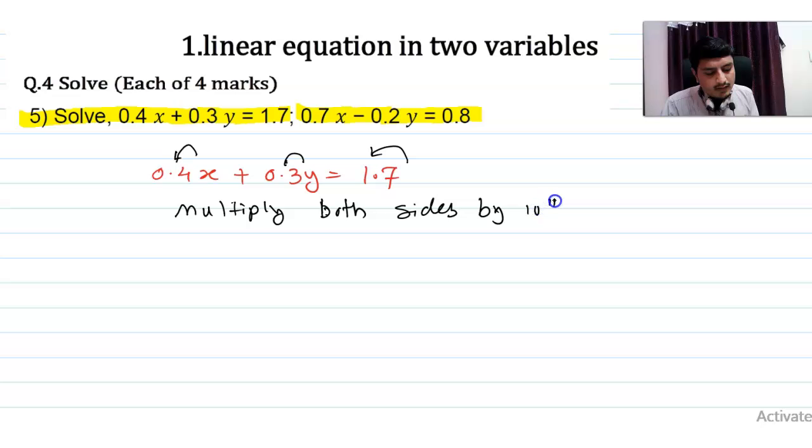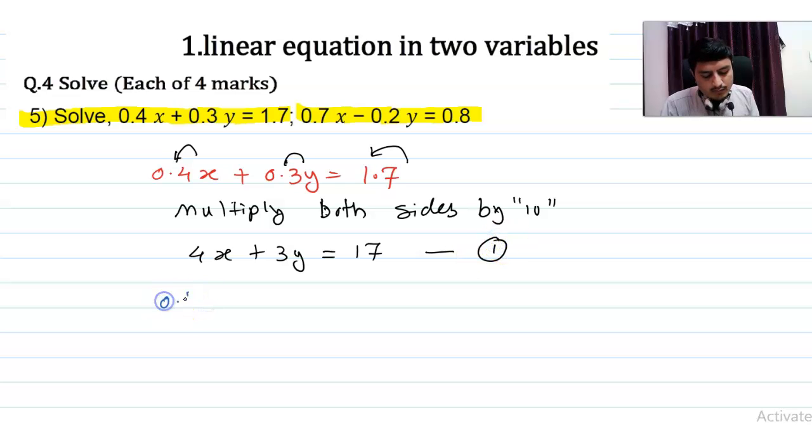So we get 0.4 into 10 is 4, x as it is, plus 0.3 into 10 is 3, that means 3y, equals 1.7 into 10, that is 17. Call it equation number 1.